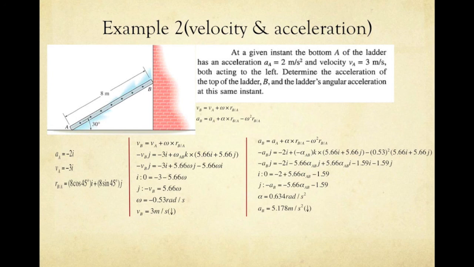By solving the equations, we can now get the alpha and acceleration of B, which are 0.634 radian per second squared in the clockwise direction and 5.178 meter per second squared in the downward direction. See, with these two equations, we can simply solve relative motion analysis problems. It's that simple. Just remember to have these two equations in your head.